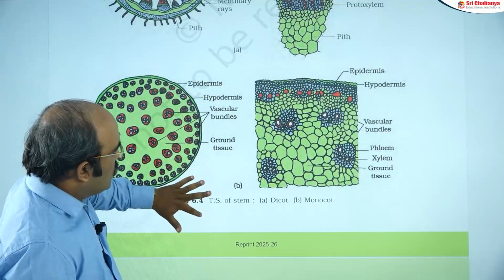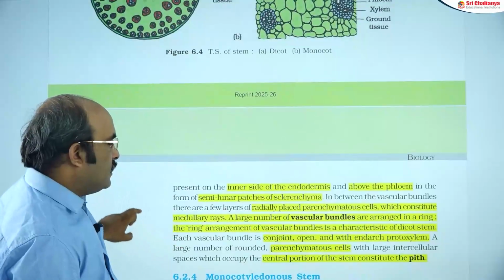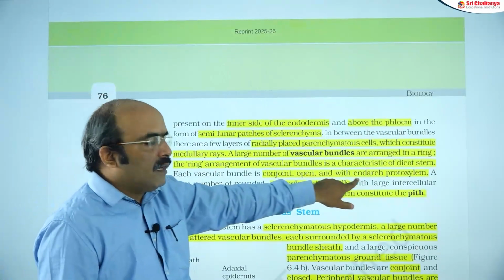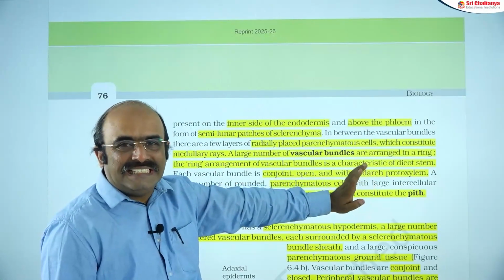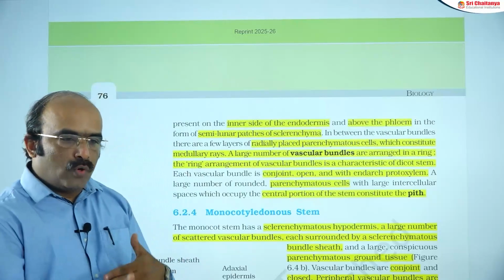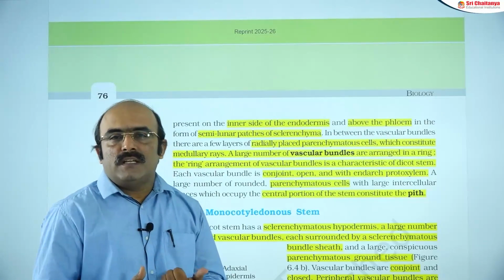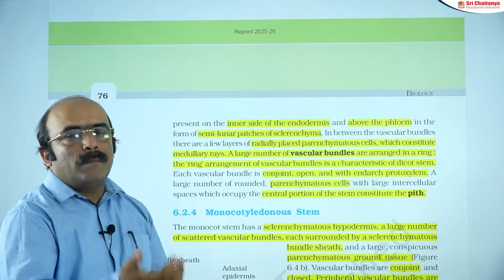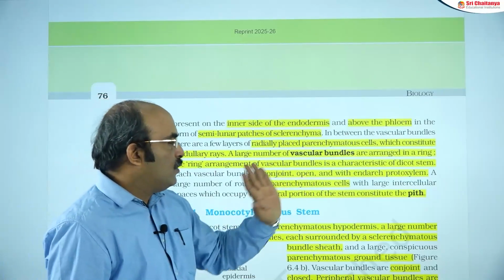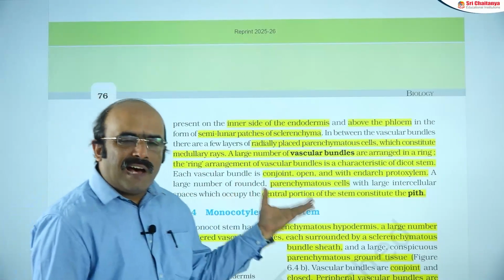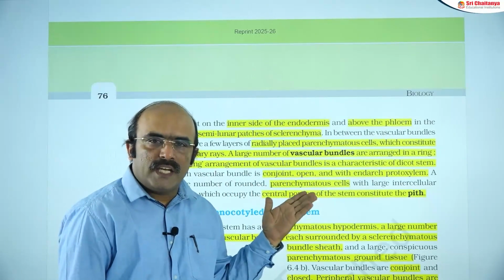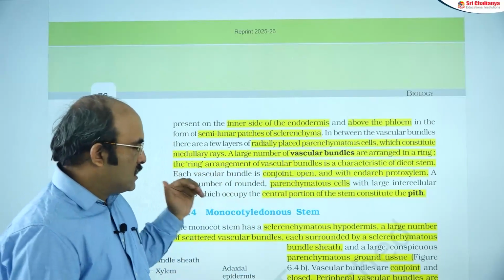You could also find that the xylem condition is endarch. So protoxylem is towards the center, metaxylem is towards the periphery, which is a centrifugal growth. And we have a large pith or medulla in the case of the dicot stem.